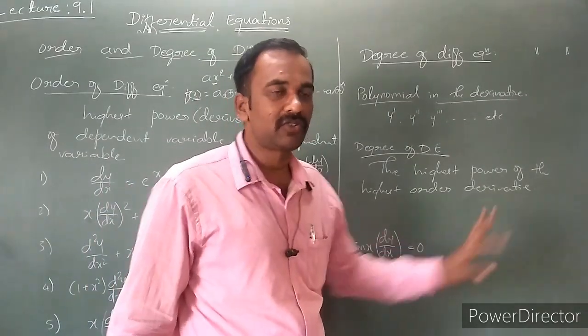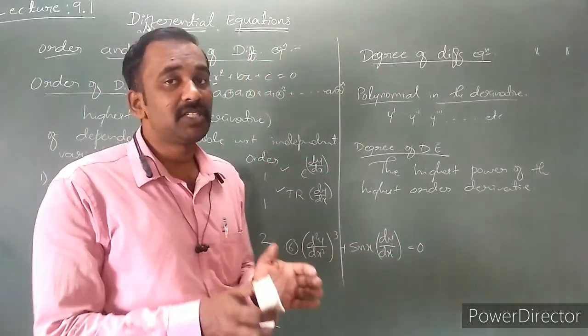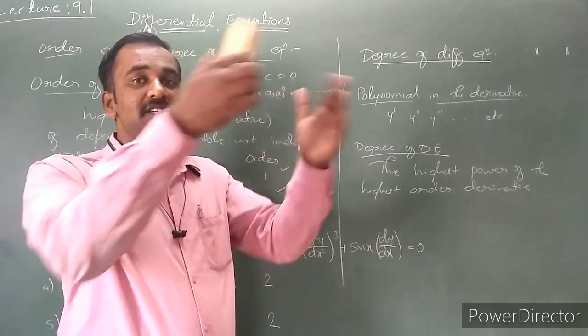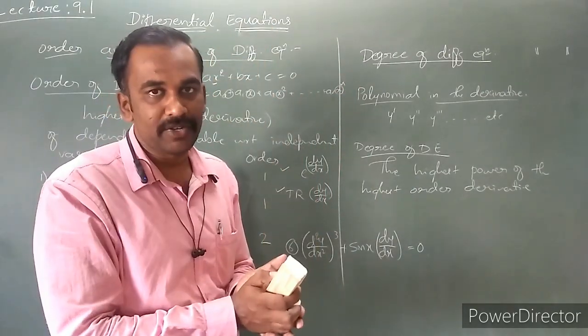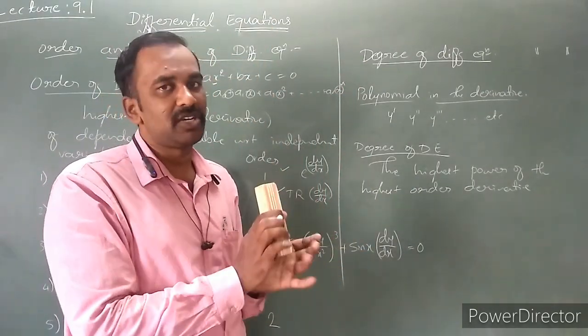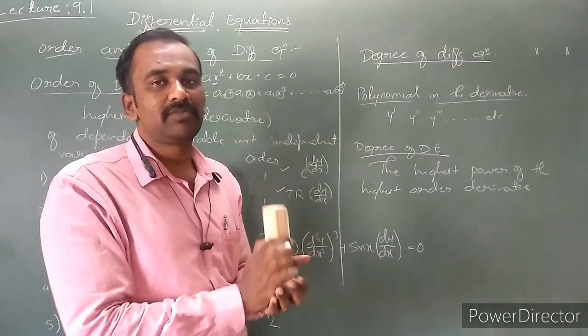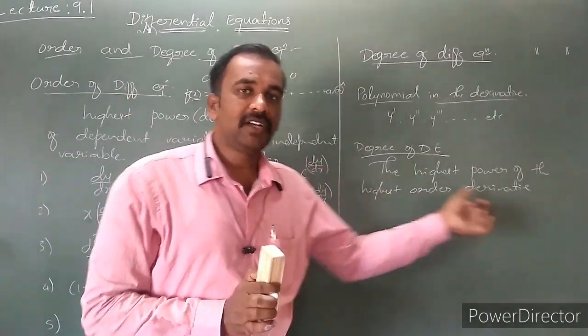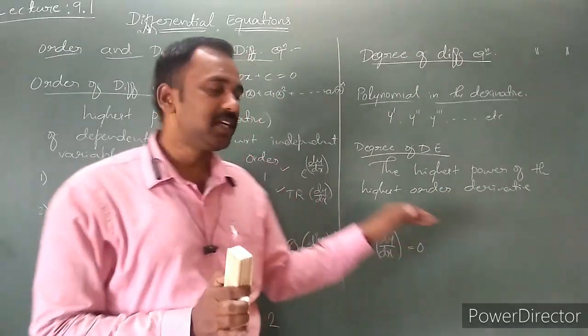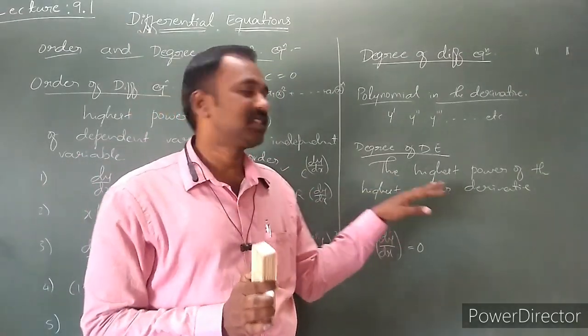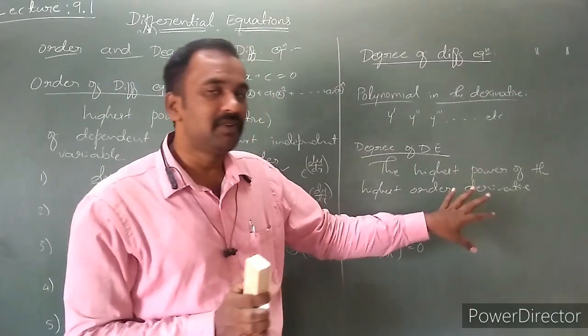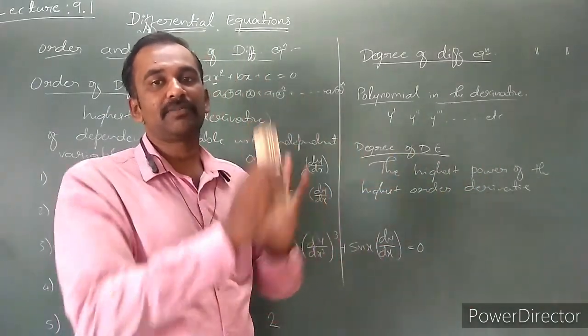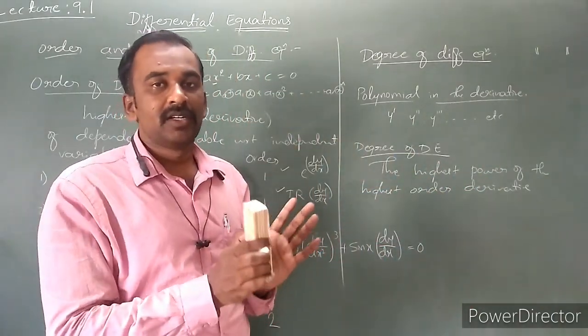That is understood. I am not going to write here. Simply remember this much only: the highest power of the highest order derivative. In the examination, if they ask for the definition, you have to write the full one. For remember purpose, just remember highest power of the highest order derivative.